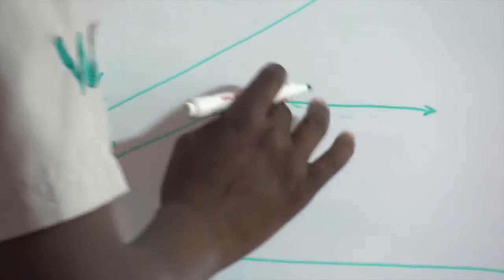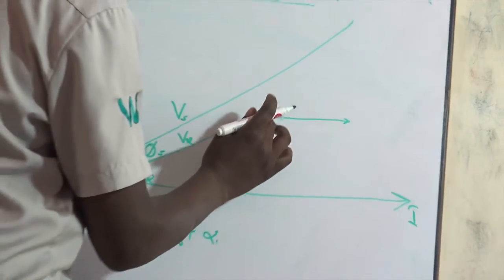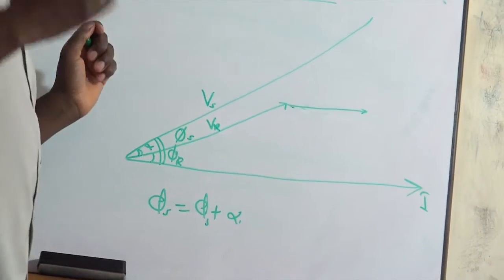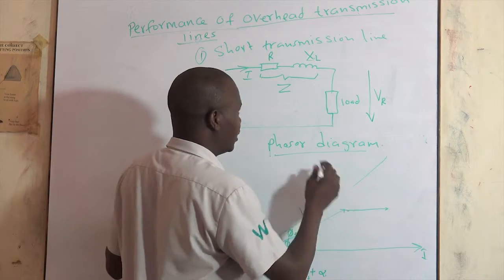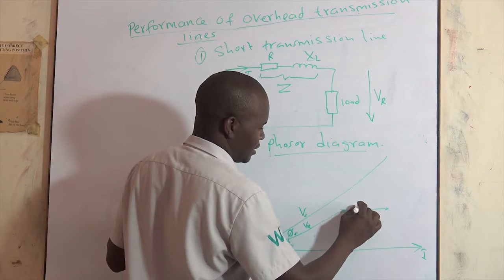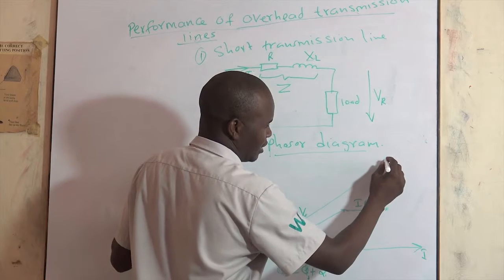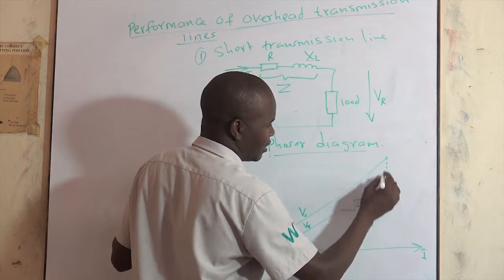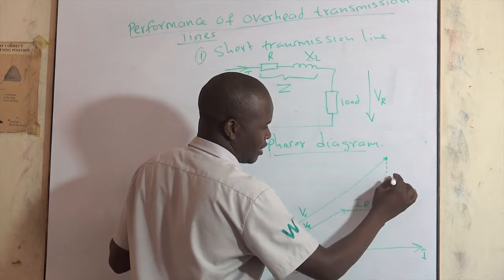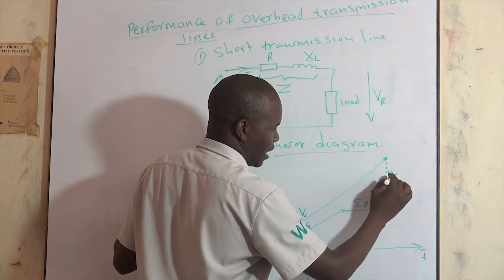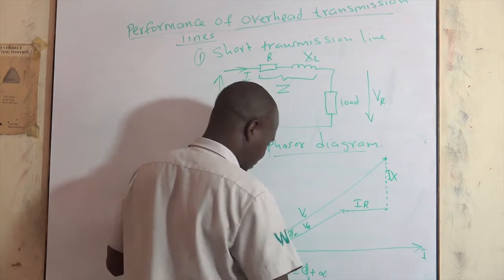So here we have the voltage drop across the resistance, IR. Here we have the voltage drop IXL.